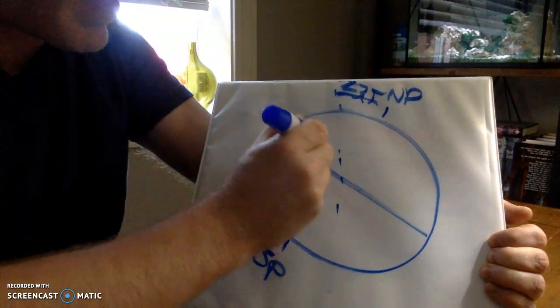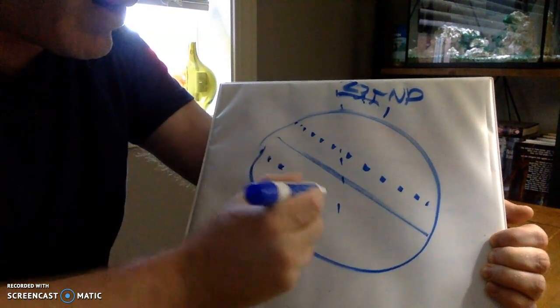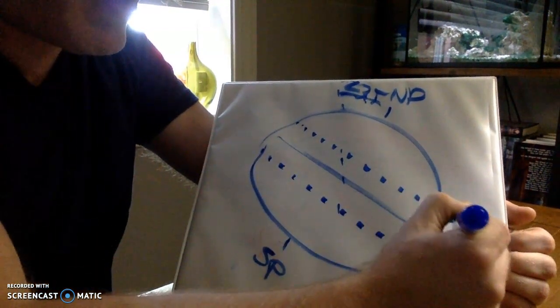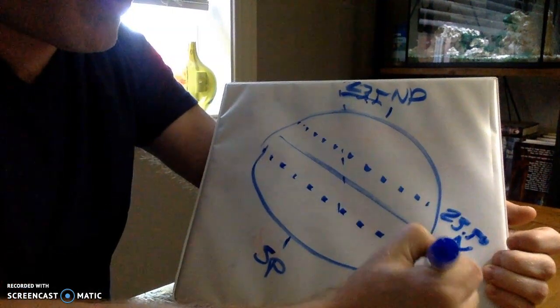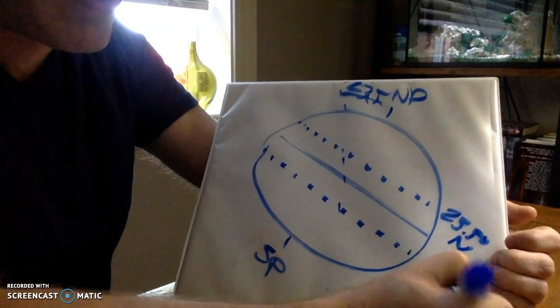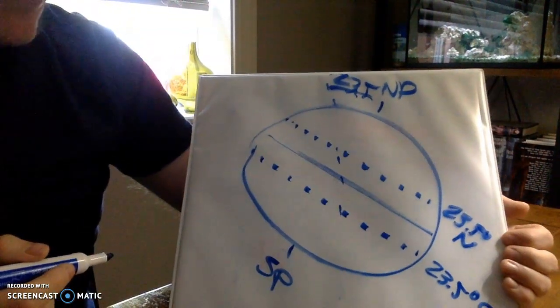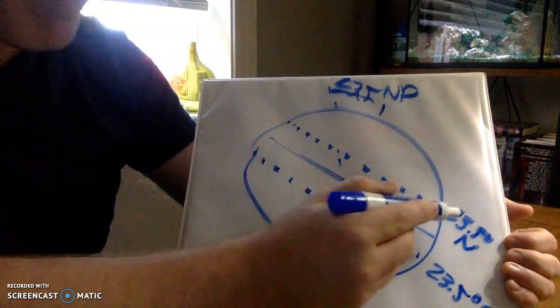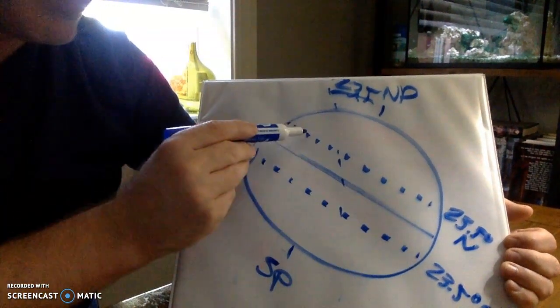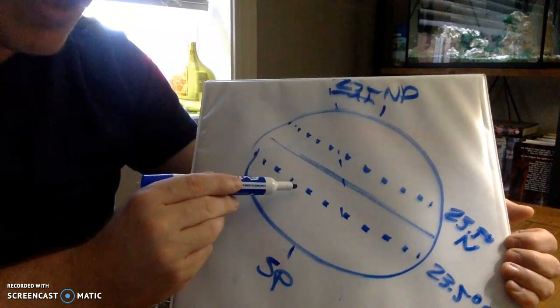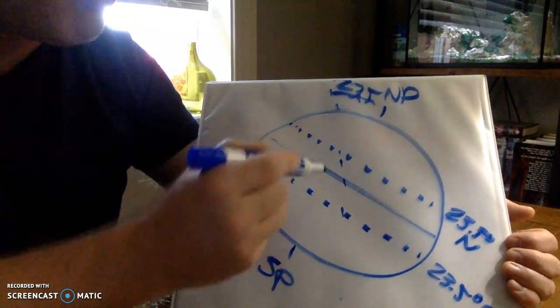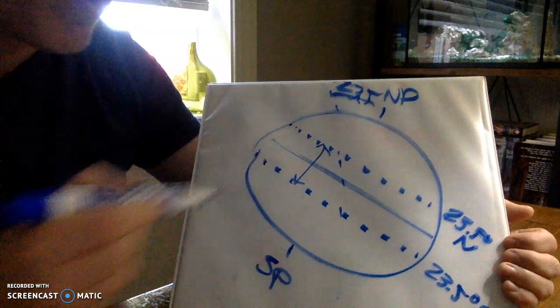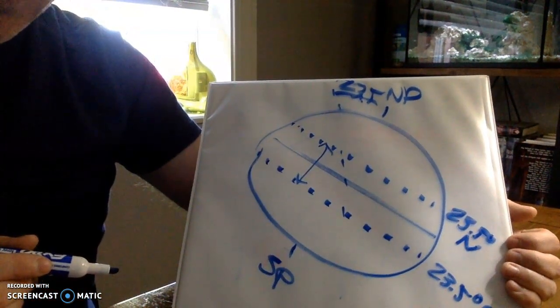We have a line here and a line here, 23.5 degrees north, 23.5 degrees south. At the very beginning of class, I asked you to memorize the numbers and names of these lines. This is the Tropic of Cancer. This is the Tropic of Capricorn. The subsolar point will migrate over the course of the year between those two lines.